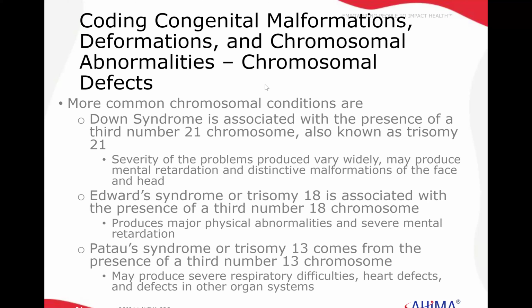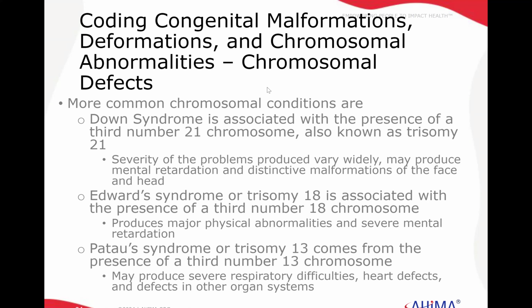Some of the more common ones are Down syndrome. What happens in Down syndrome is it's a third number 21 chromosome, right? Also known as trisomy 21. And this produces the mental retardation, the malformations of the head and face, and so on.